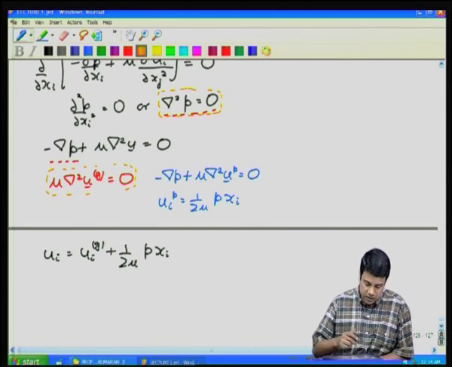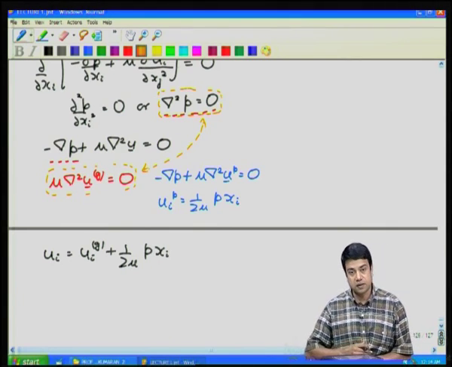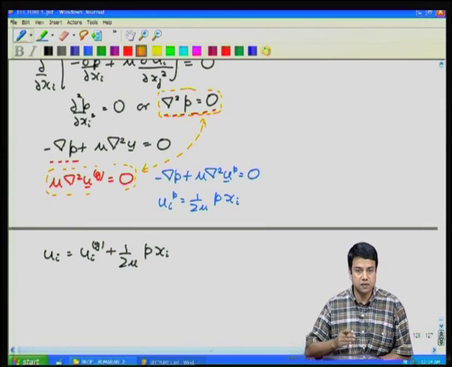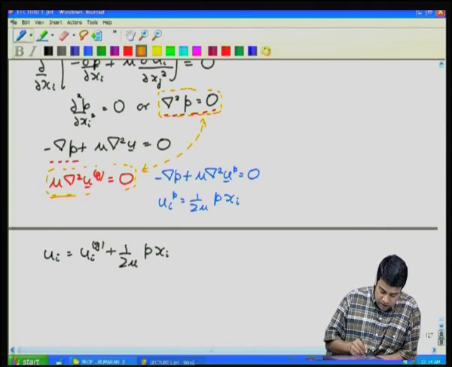And you can see that to solve each of these equations, you have to solve a Laplace equation. Pressure is a scalar, so you solve del square p is equal to 0 for a scalar. U general is a vector, so you solve del square u general is equal to 0, where u general is a vector. Of course, this equation contains 3 components.